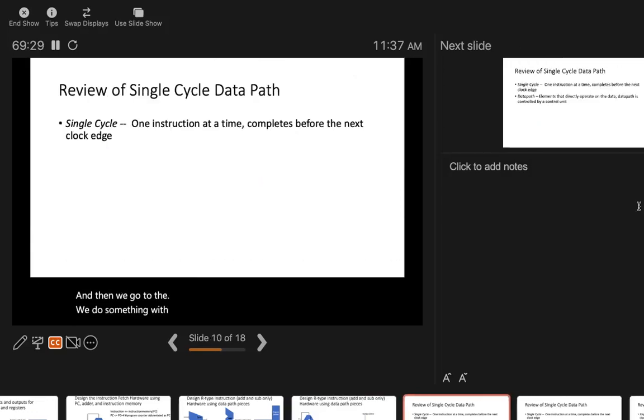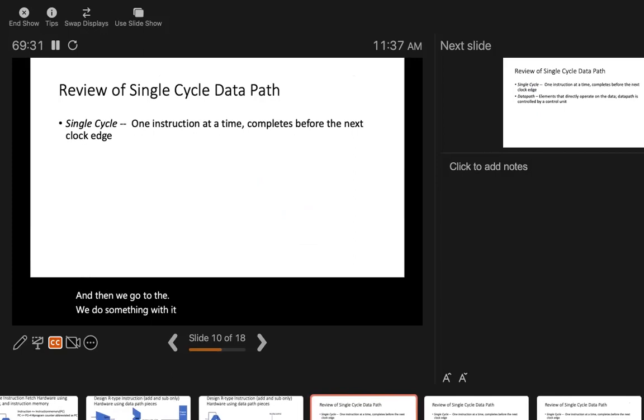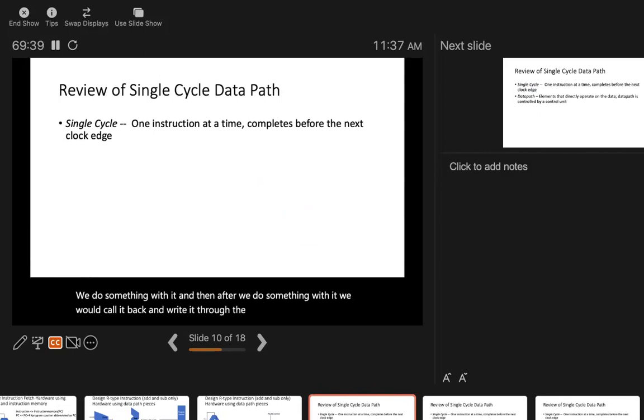Okay. Now let's have a review of what we have discussed so far. What we are trying to do here is design a single cycle data path. Now, I did not introduce what single cycle actually means. It's quite simple. A single cycle data path means that an entire instruction is going to be executed between two successive positive edges of the clock.